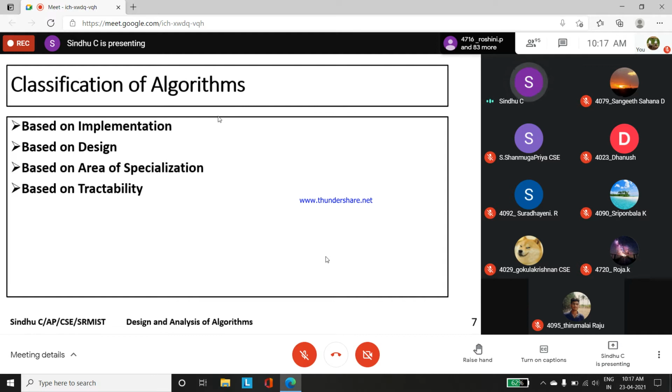and tractability. Now, when we say based on implementation, again, we can have 6 types. When you have those sets of code which are recursive, where a function calls itself, you call it a recursive algorithm. When you don't have it, you call it non-recursive.